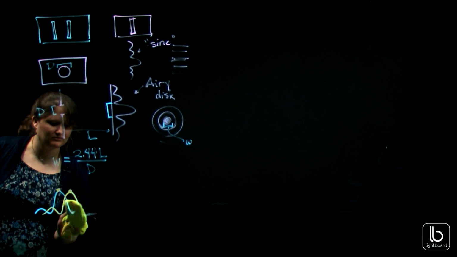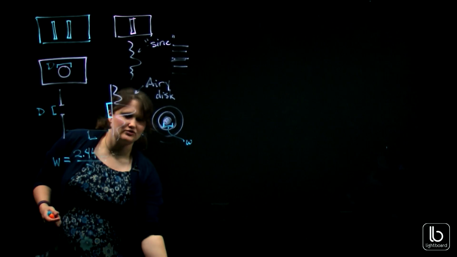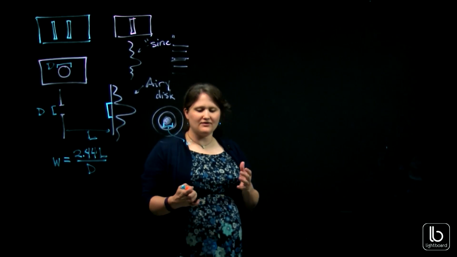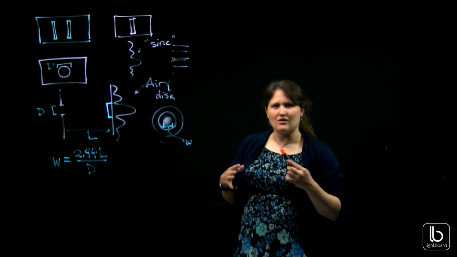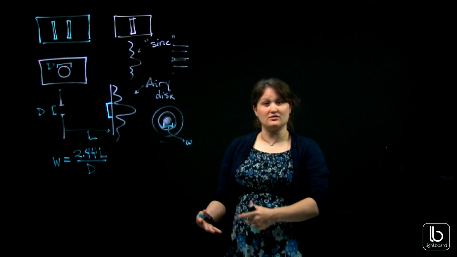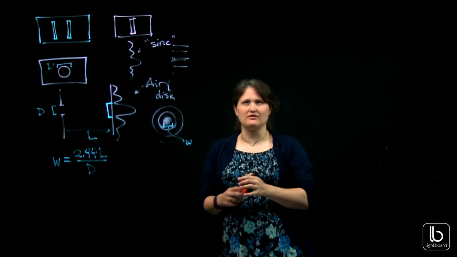Okay, one more thing in talking about the wave nature of light, and that's something called thin film interference. And really, you can look in the book for all the specific equations. I want you to understand the idea behind thin film interference.